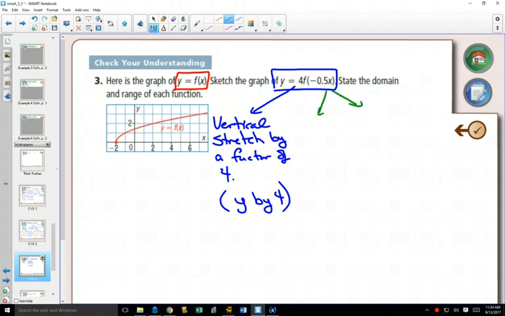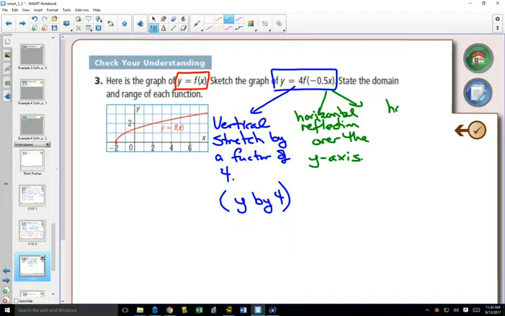The negative and the 0.5 are going to be two different things. We're going to have a reflection. And again, think if an x value is going to become negative, that's going to be horizontal. That's going to be reflection over the y-axis. Maybe you even want to write horizontal reflection.